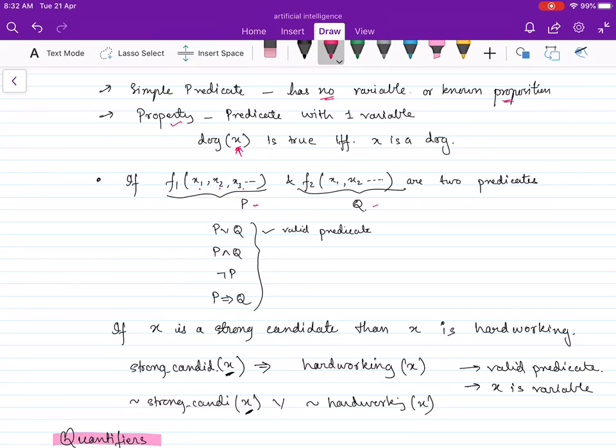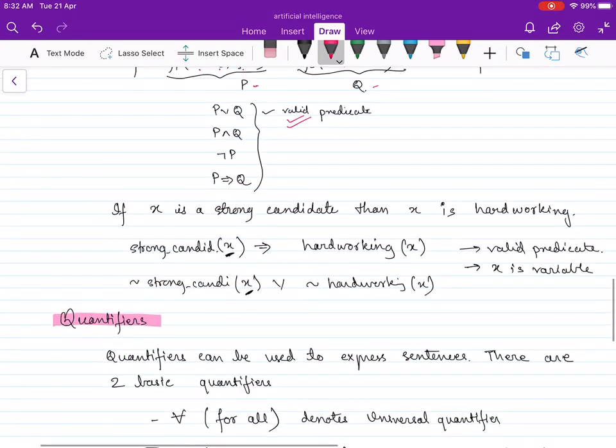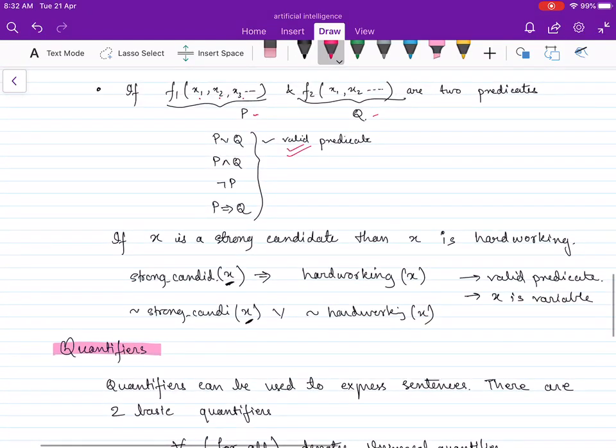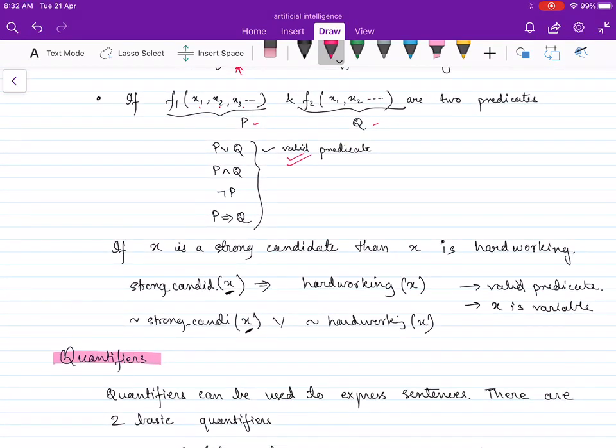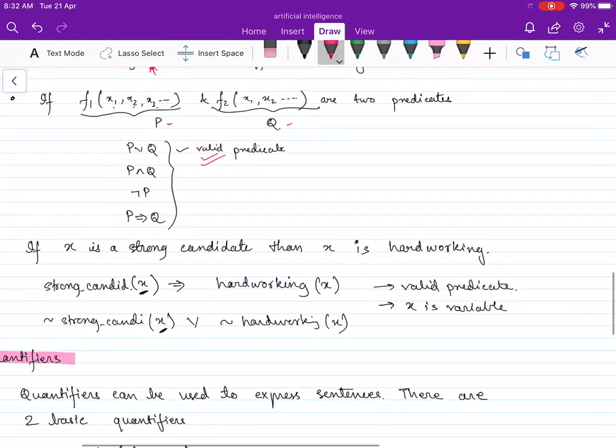Then p or q, p and q, not p, p implies q are all valid predicates. For example, if x is a strong candidate, then x is hardworking.